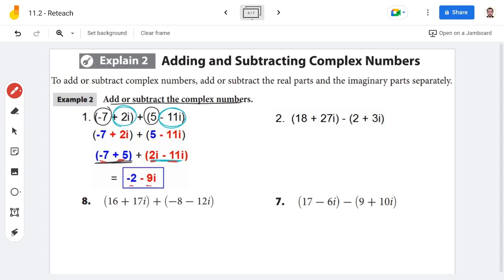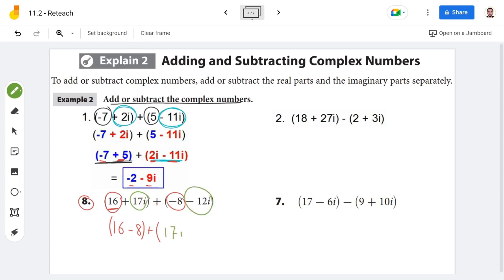Let's do this one here. Question number 8. 16 plus negative 8, which is equal to 8. Let's do it first with the steps. 16 minus 8 together, plus, and the other bracket should have 17i and negative 12i.